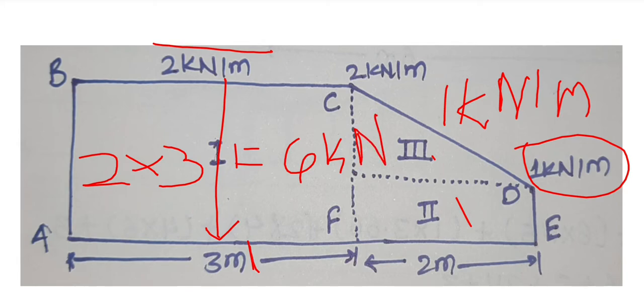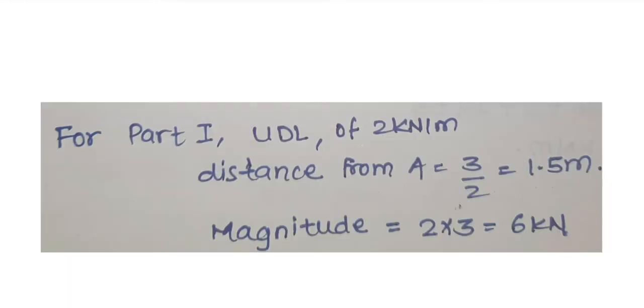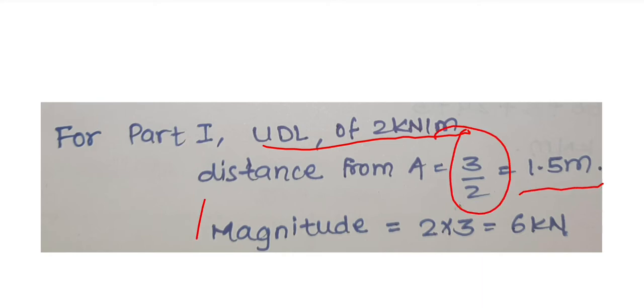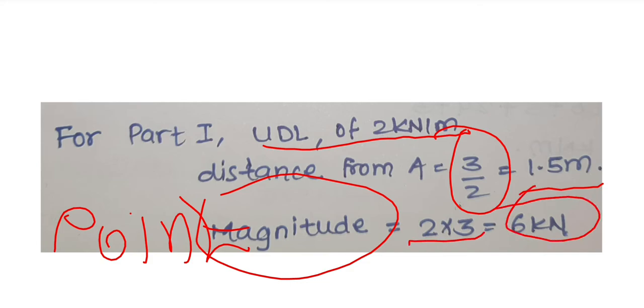It will act at L by 2, that is 1.5 meters. For part 1, there is a uniformly distributed load of 2 kN per meter, the distance from point A is 3 by 2, that is 1.5 meters, and the magnitude of the point load is 2 times 3, that is 6 kN.